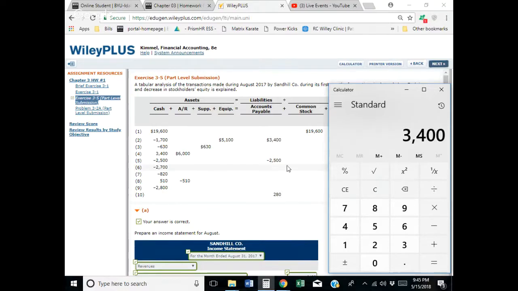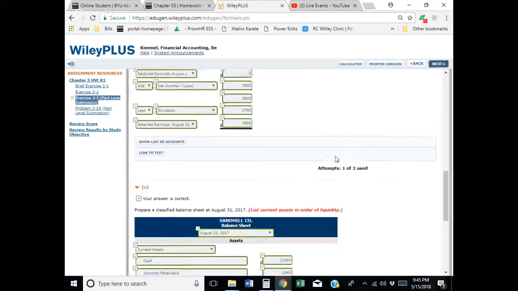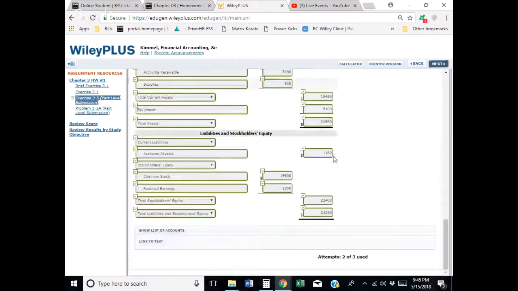Then negative 2,500, so subtract 2,500. And 280, so we'll add 280. That gives us accounts payable of 1,180. And here enter 1,180. Next you have stockholders' equity.